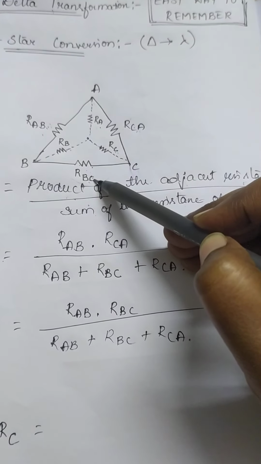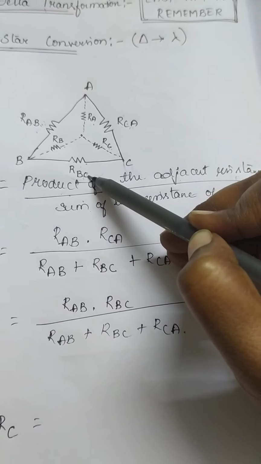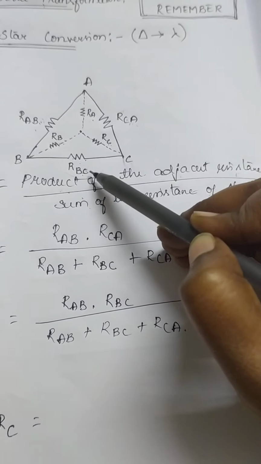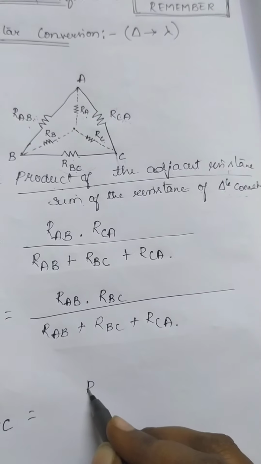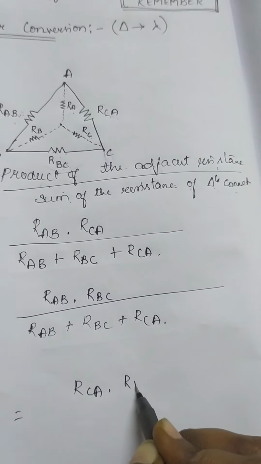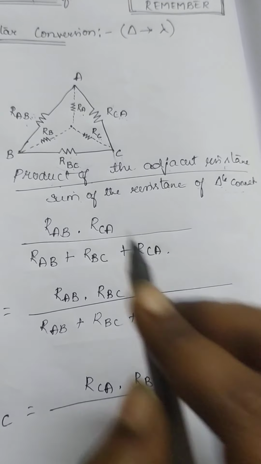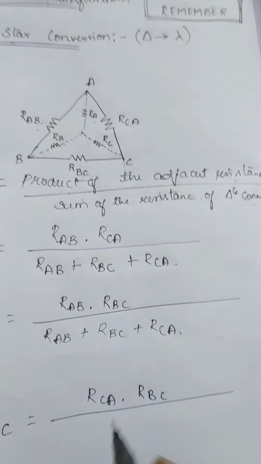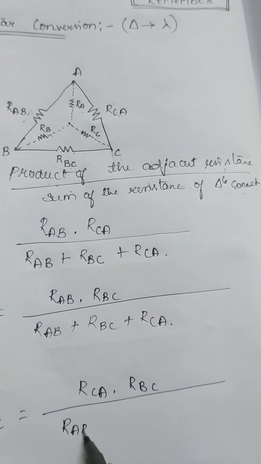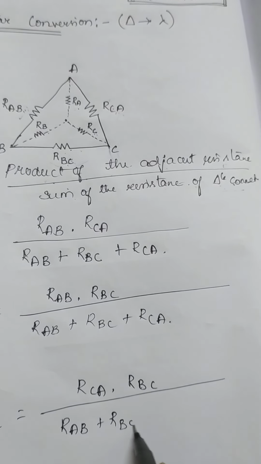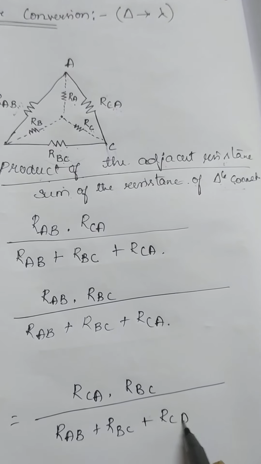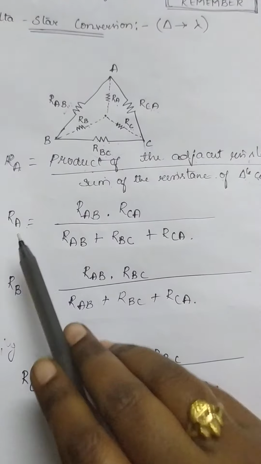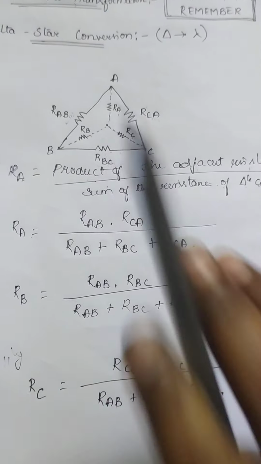Product is multiplication, so RCA into RBC divided by the sum of the resistances of the delta connection, that is RAB plus RBC plus RCA. This is how you find the values of RA, RB, RC in the star connection.